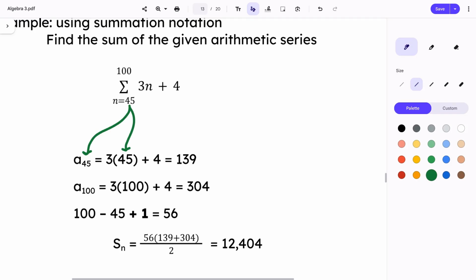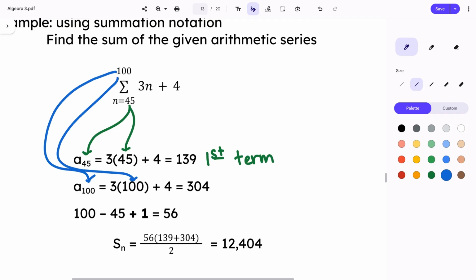So 139 would be the first term. Then if you go on and you put the 100 in, so you find the very last term, that's 304.